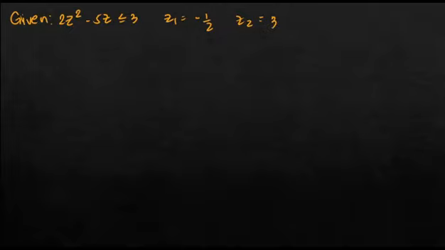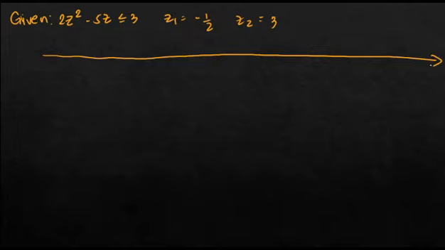By that, we can now plot it to a number line. Okay, let's put some numbers here. Positive to the right. And then to the left, we have the negatives.